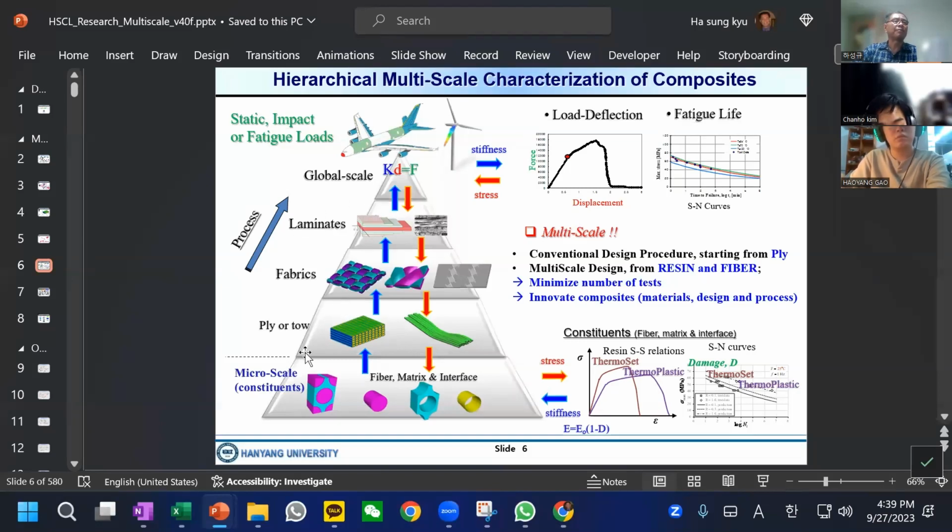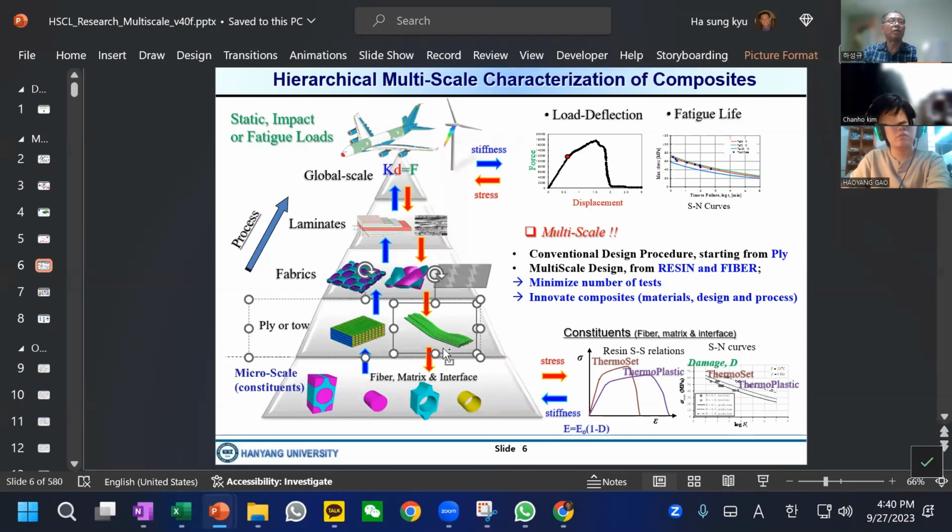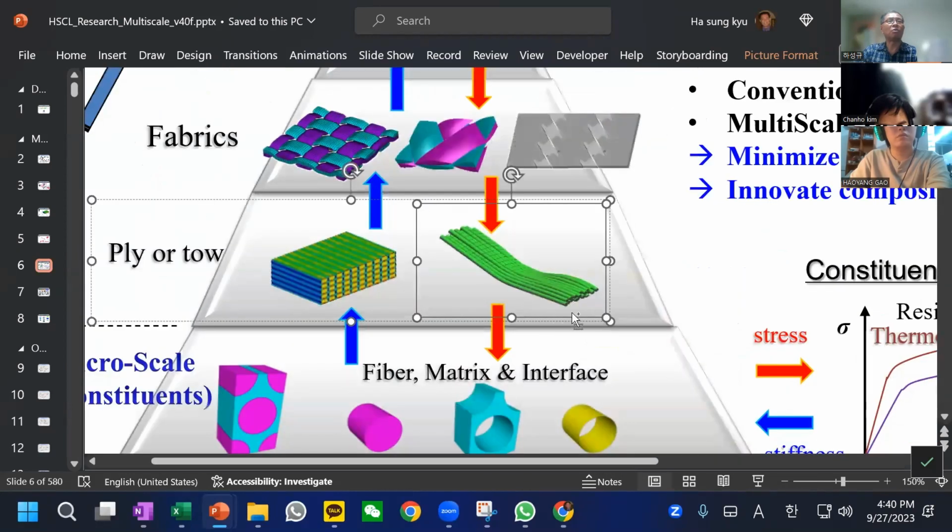And again, the micro scale level, we call constituent. Constituent means a fiber, resin, and interface. And then this makes up a ply. And now you understand this is one toe.